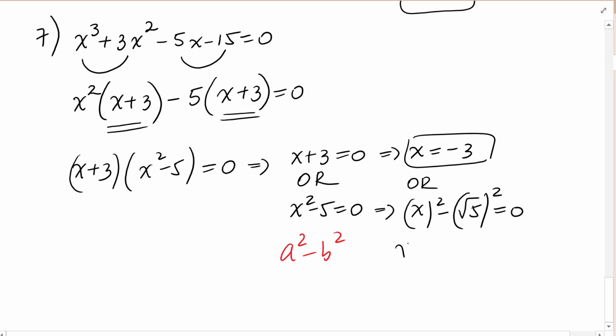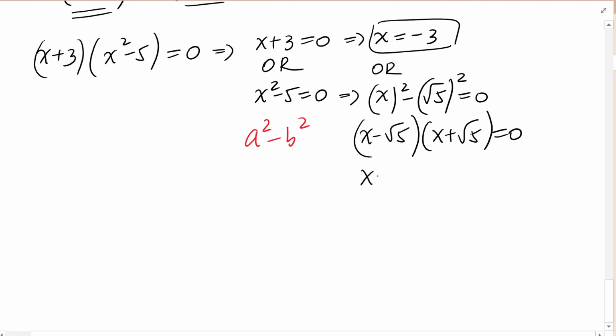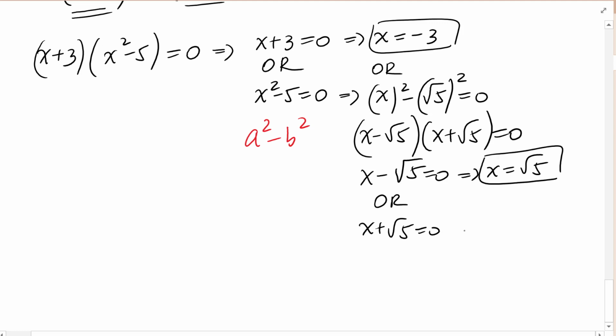So that makes it x minus square root of 5 times x plus square root of 5 equals 0, or x minus square root of 5 equals 0, or x plus square root of 5 equals 0, which means x equals square root of 5, or x equals negative square root of 5.